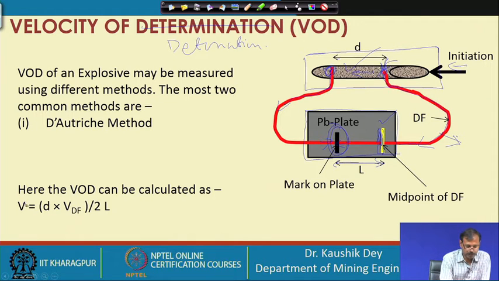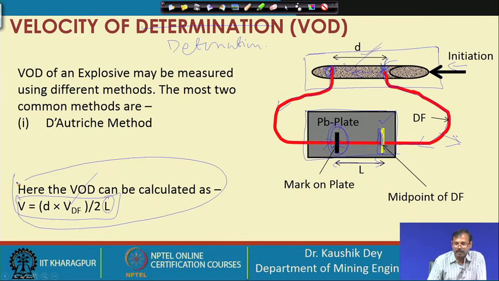In that case, this formula can be used to find the VOD of the unknown explosive: the distance of the tying part of the detonating fuse in the explosive, times the VOD of the detonating fuse, divided by twice the length of the distance between the mark on the plate and the midpoint of the detonating fuse. From there we can calculate the VOD of the explosive column.